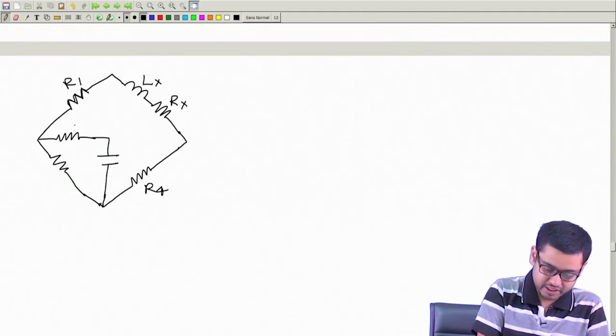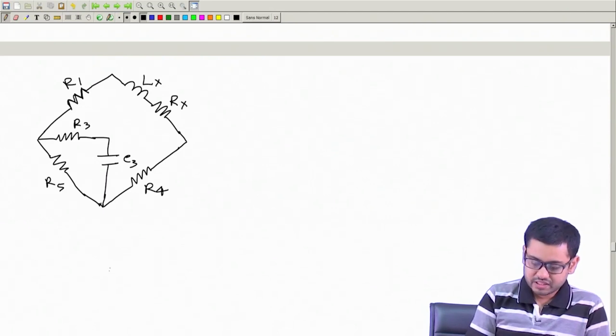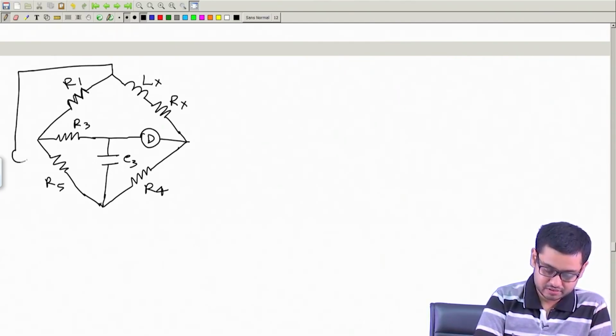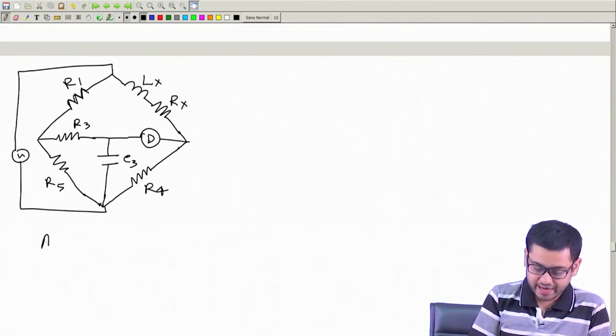Now, let me just name them arbitrarily, R3, C3, R5. The null detector is placed here and the supply is applied here. This is the voltage source. This is a peculiar bridge. This is called Anderson bridge.